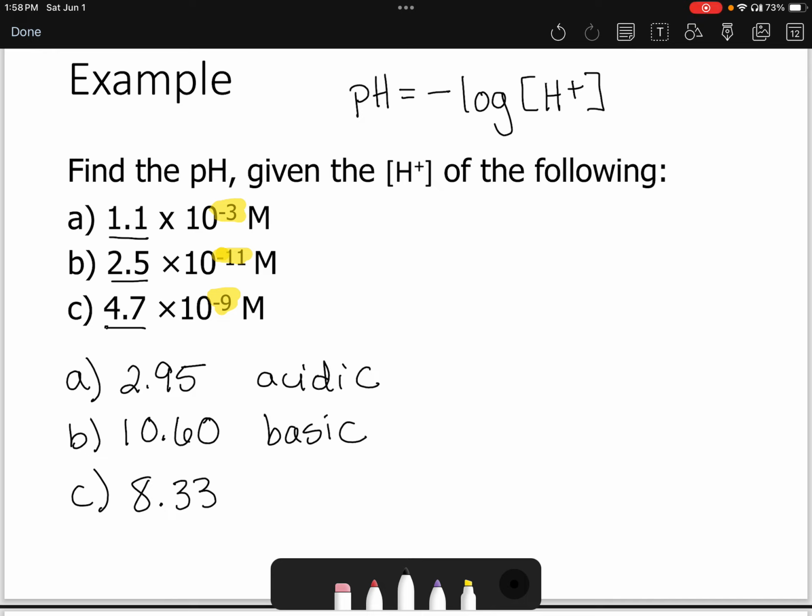So that coefficient plays a part as well. Now, would 8.33 be considered acidic or basic? Basic, right? Although it's somewhat close to neutral, so maybe it's more slightly basic.